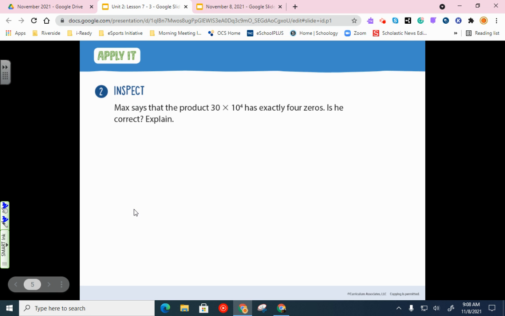For question 2, it says Max says the product of 30 times 10 to the fourth has exactly 4 zeros. Now what Max is looking at is this 4 here, and he's probably gotten used to knowing that that means you're going to add 4 zeros to your number. However, this is different. So is he correct? The answer is no, and this is why.